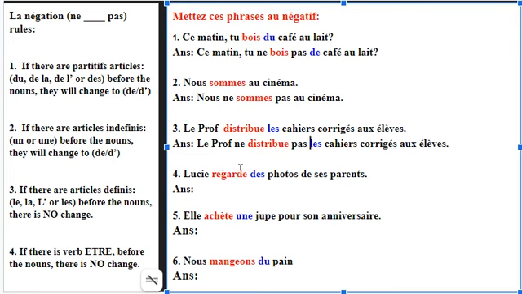The verb here is regarder, conjugated. And we have an article partitif. Here you can see. Remember the rule: when there's an article partitif, it changes to de or d'apostrophe. So we copy it now and apply the rules accordingly.